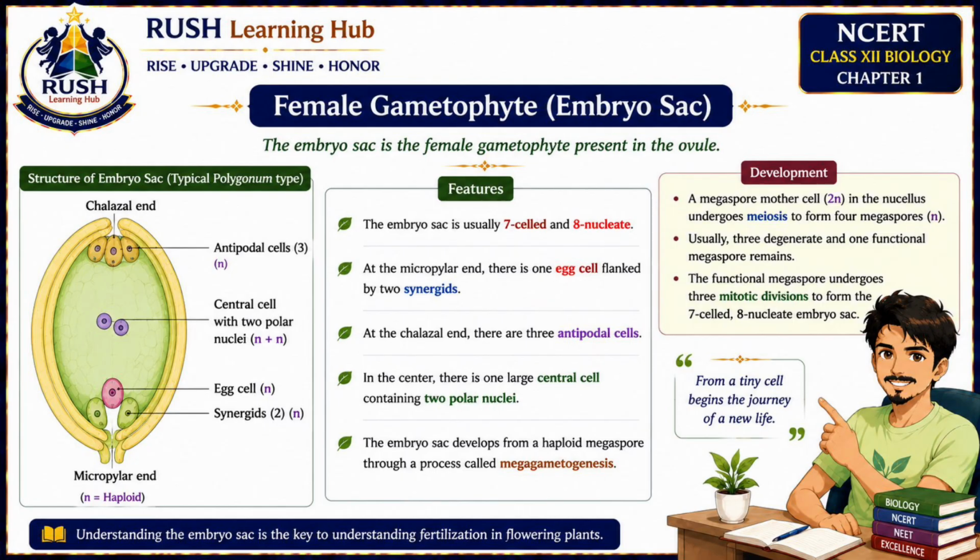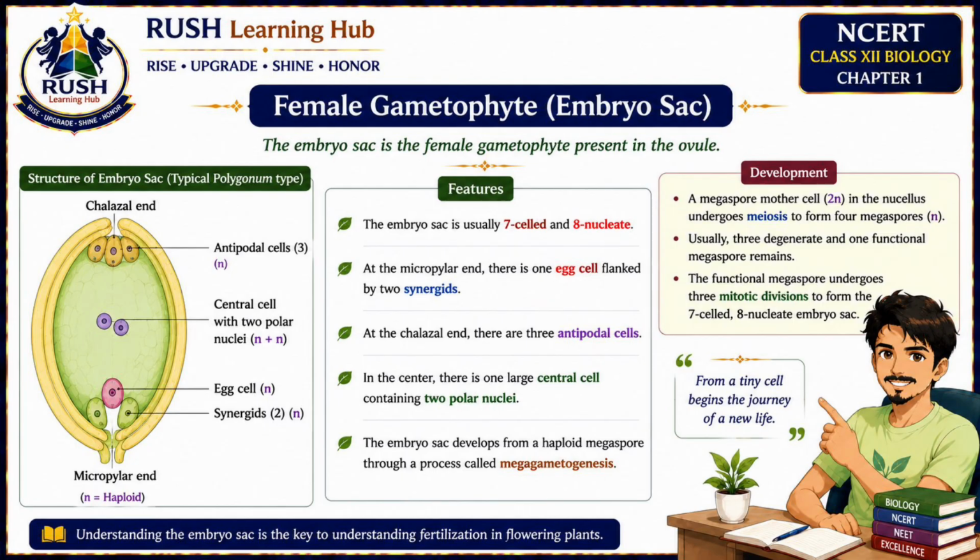At the micropylar end, there is an egg apparatus consisting of 1 egg cell and 2 synergids. The synergids possess special structures called filiform apparatus, which help in guiding the pollen tube into the embryo sac. At the opposite chalazal end, there are 3 antipodal cells.